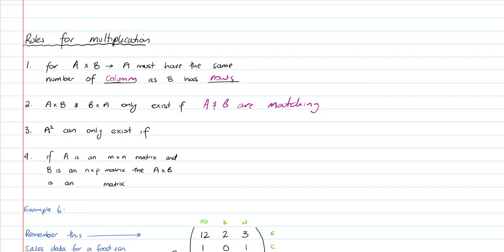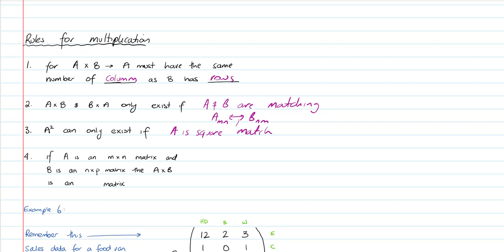So we say if A has dimension m by n and B has dimension n by m. So that must be true, and I don't know a better way of writing that down mathematically without just writing a paragraph, so I'm just going to describe it to you verbally. A squared can only exist if A is a square matrix, because obviously we need the first dimension to match with the second dimension, so it must be the same.